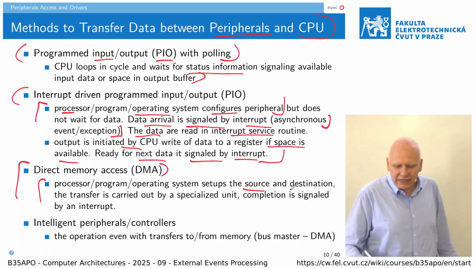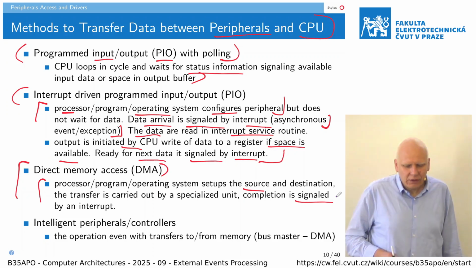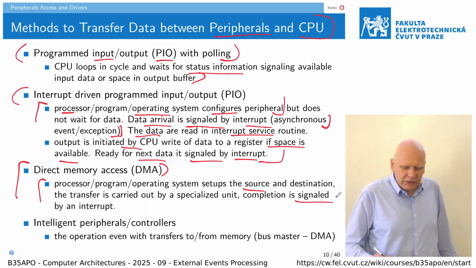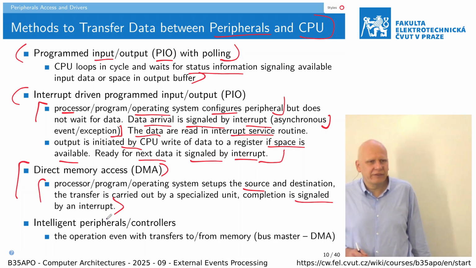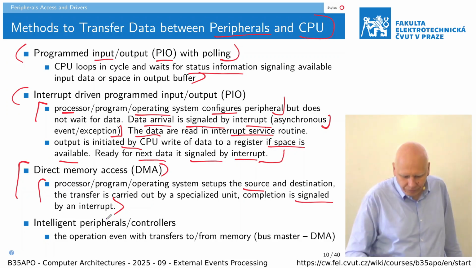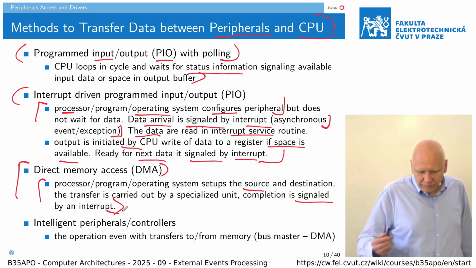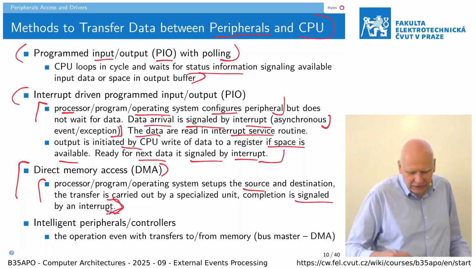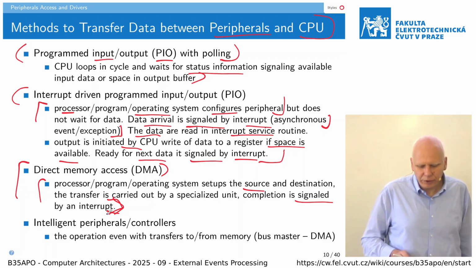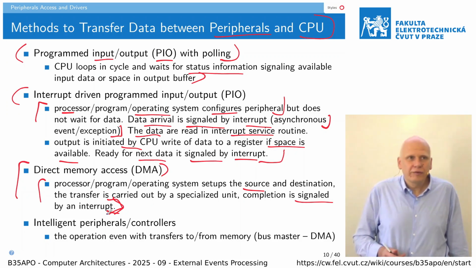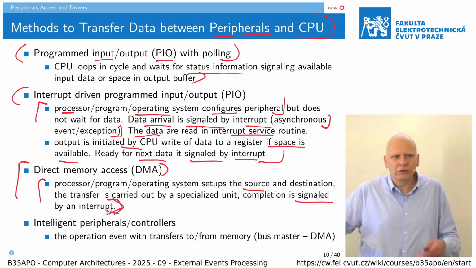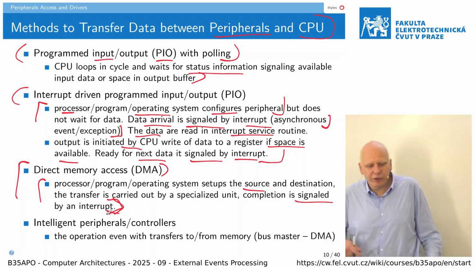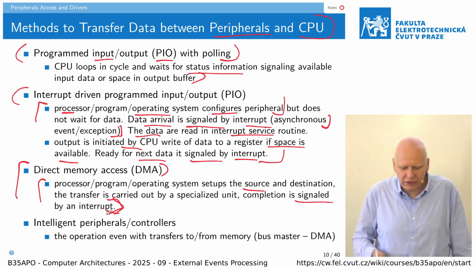At the end of such a block transfer or multiple block transfer, the processor is notified by an interrupt that the transfer has finished or that there is an error. So this is again the event which notifies the processor, and then the processor can, for example, for a switch, specify that those data should go to another peripheral, to another network interface, or it can process a whole packet and compute something on it, and so on.